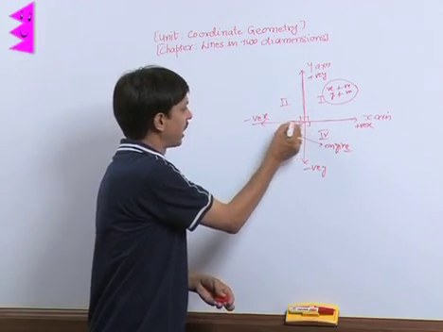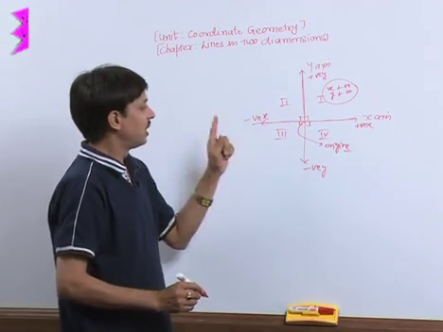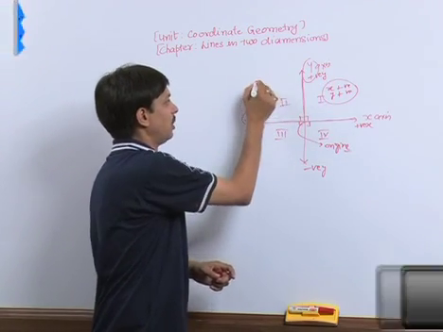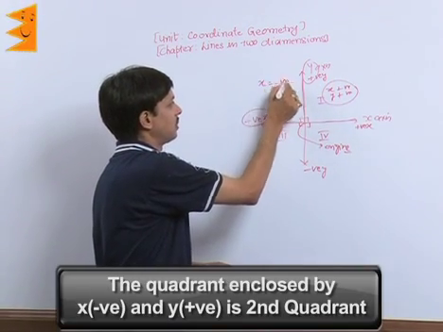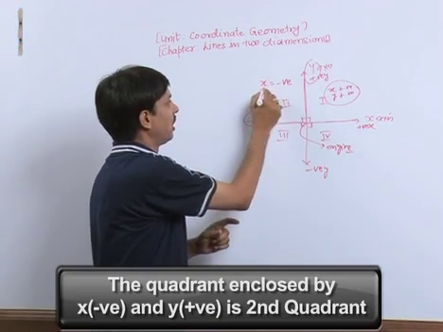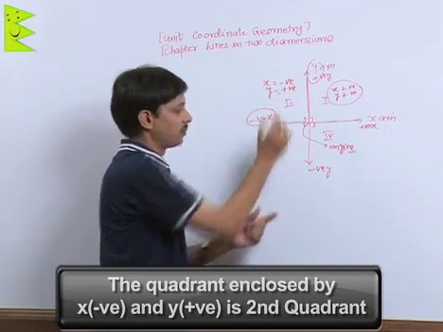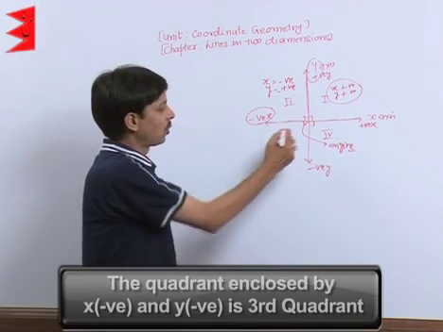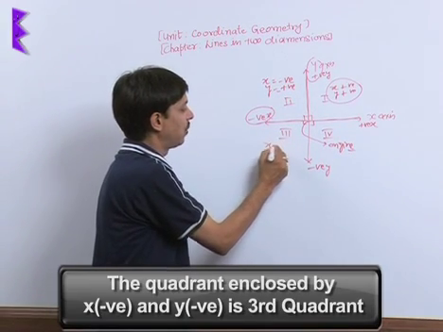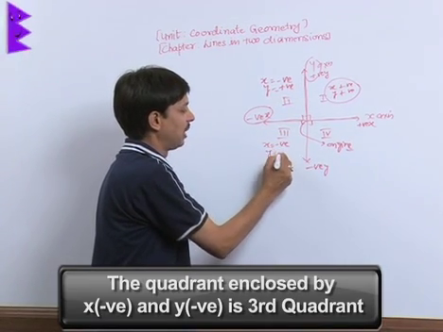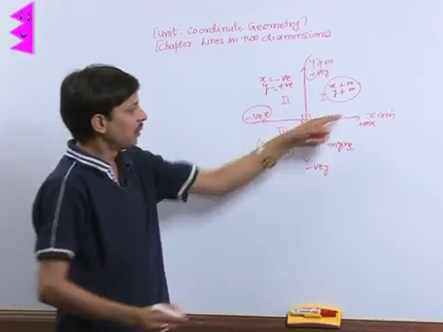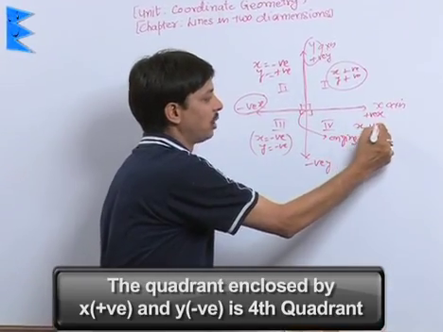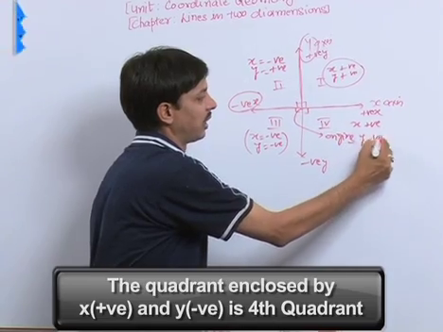In the second quadrant, we find x is negative and y is positive. Third quadrant is the composition of x negative as well as y negative. And in the fourth quadrant, x is positive whereas y is negative.